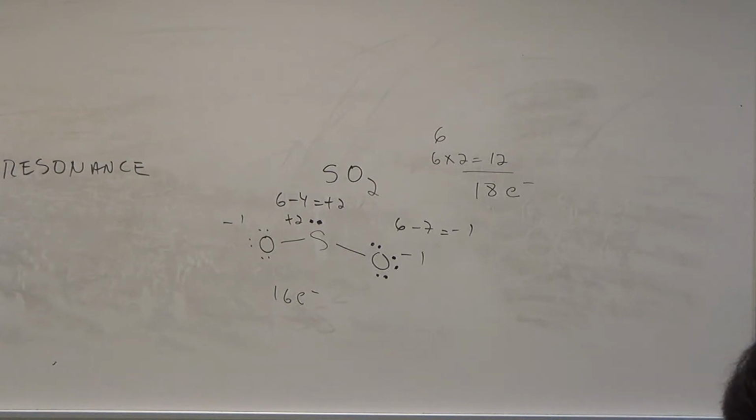In general, a good resonance structure has the lowest possible number of formal charges.